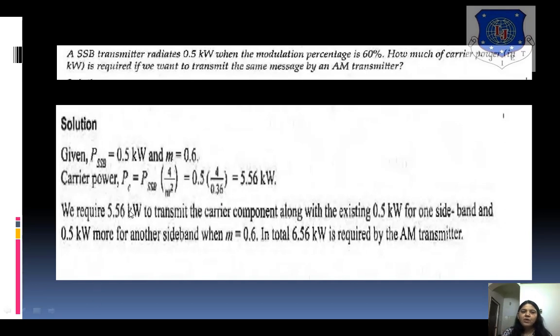So we require 5.56 kilowatt to transmit the carrier component, along with the existing 0.5 kilowatt for one sideband and 0.5 kilowatt more for the other sideband when small m is equal to 0.6. In total 6.56 kilowatt is required by the transmitter.